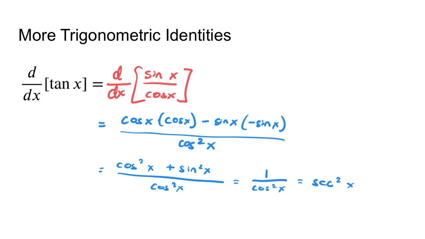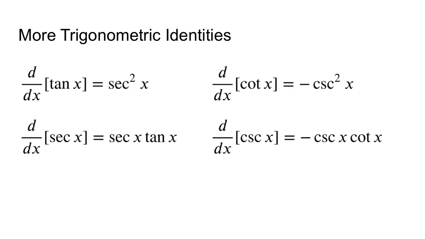Holy moly. I don't know about you. I believe it's easier to memorize this rule than it is to go through this process every single time. So here's a list of all the trig rules that I would actually commit to memory. I would know that the derivative of tangent is secant squared. The derivative of secant is secant tangent. We do this very similar to the way we did the other problem if you wanted to prove it.